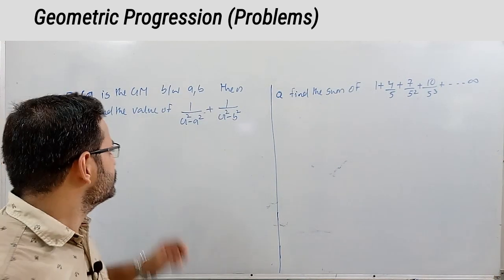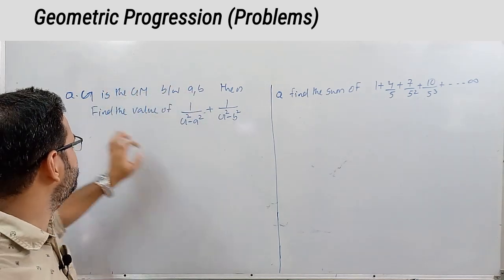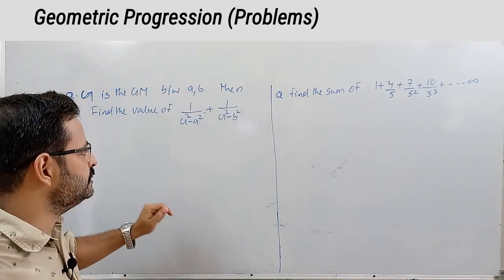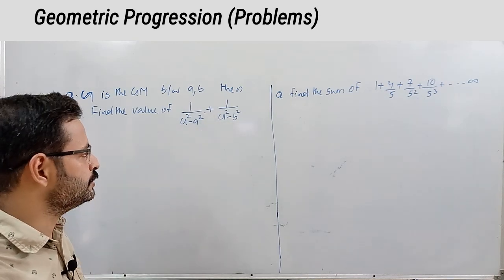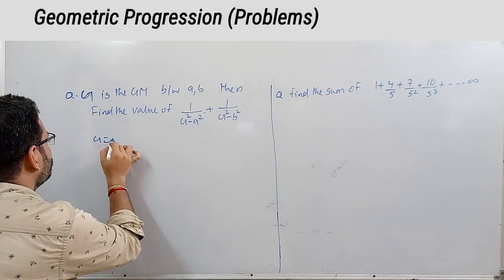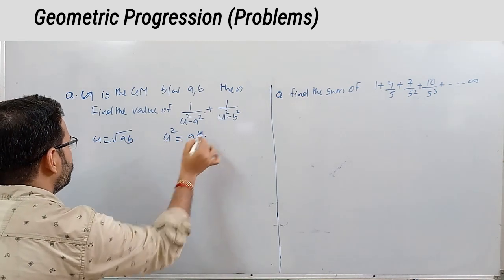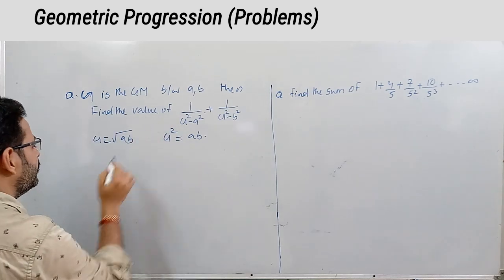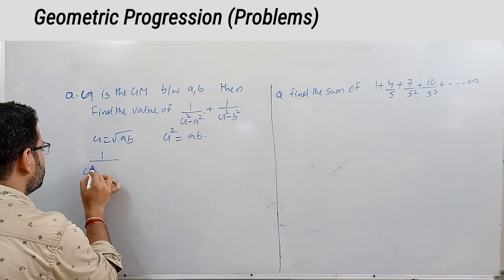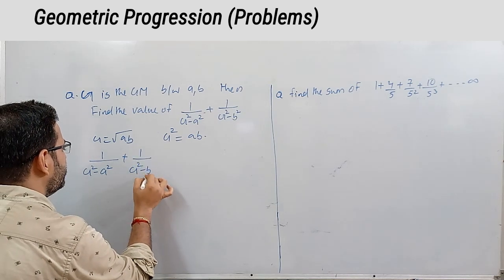Now consider the next question. G is the geometric mean between A and B. Then find the value of 1 by G square minus A square plus 1 by G square minus B square. Geometric mean, we know that G is equal to root of AB. Then G square equals AB.